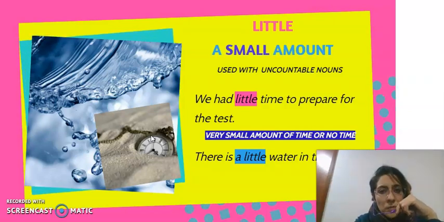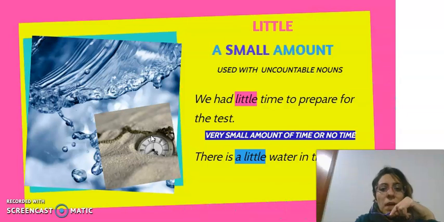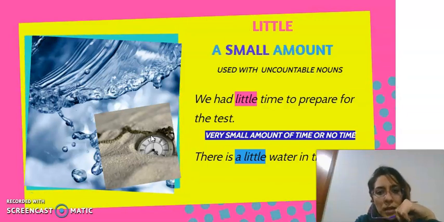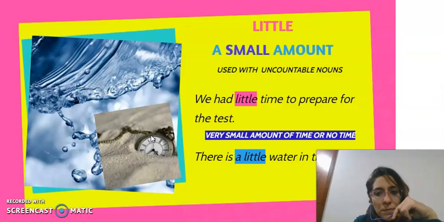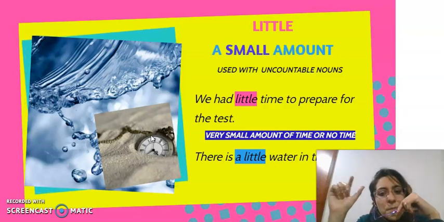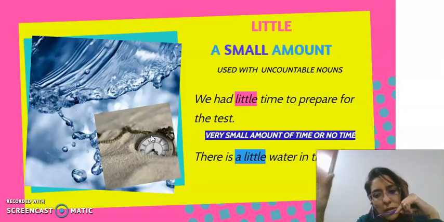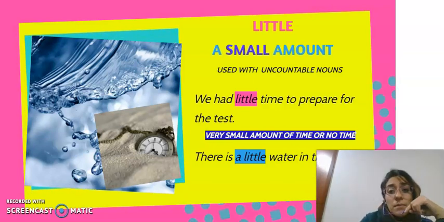So in this way, time is not possible to count. So we have two examples of this quantifier: we have a little time to prepare for the test, and there is a little water in the bottle. A very small amount of time, or no time to do this preparation for the test.